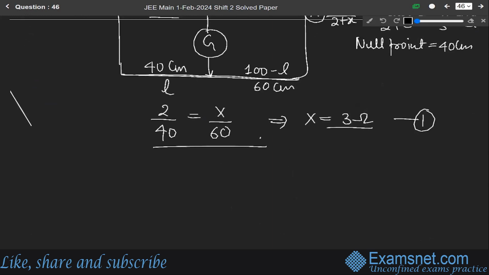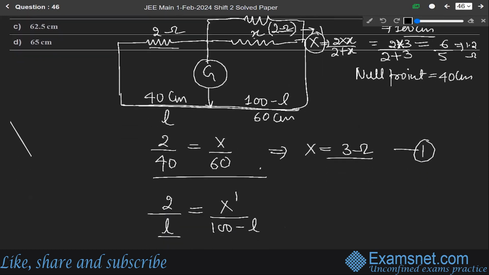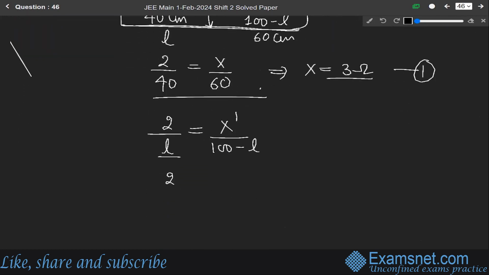Now using again this condition for the new value of x, 2 over L will be equal to x dash over 100 minus L, since we have to find this value of L. The value of x dash is 1.2 ohm, as we found right now.